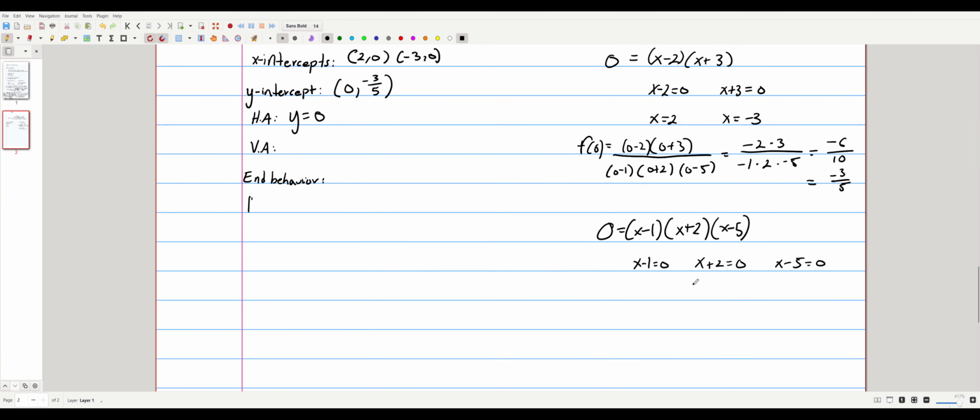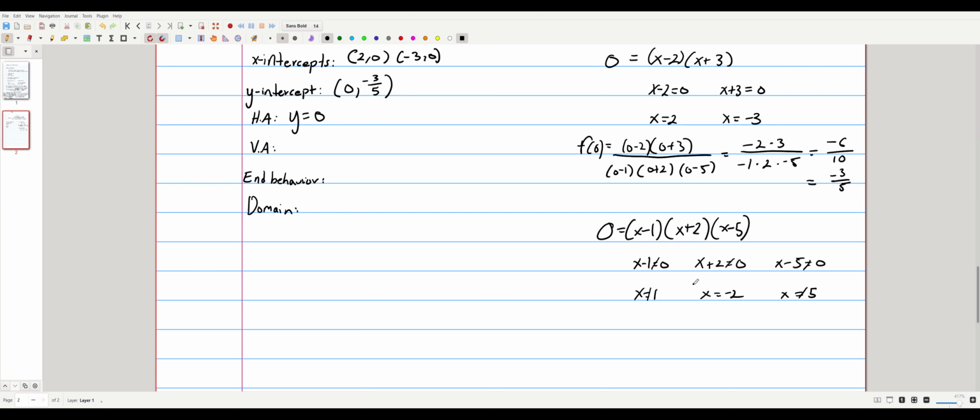And so let me go ahead and write what the domain should be here. Okay, and so x minus 1 equals 0, we add 1 to both sides, we get x equals 1. Okay, so we can't have x equal 1. x plus 2 equals 0. We don't want it to equal 0, so we can't have x equals negative 2. And add 5 to both sides, we get x cannot equal positive 5.